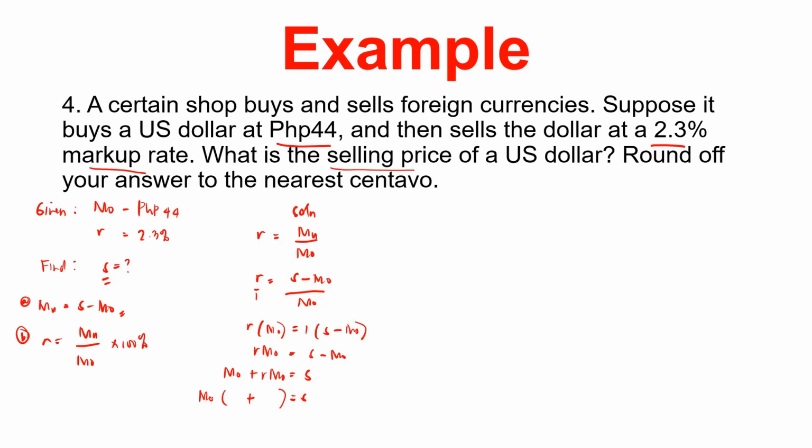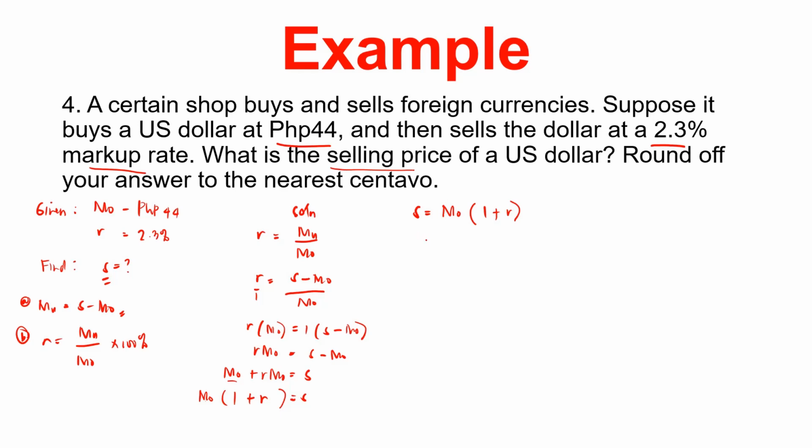So, cost price times 1, babalik tayo dito sa cost price. Cost price times rate is rate cost price. Okay? So, for us to get the selling price, we have cost price times 1 plus the rate.